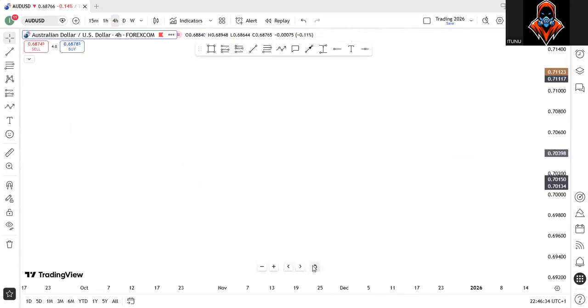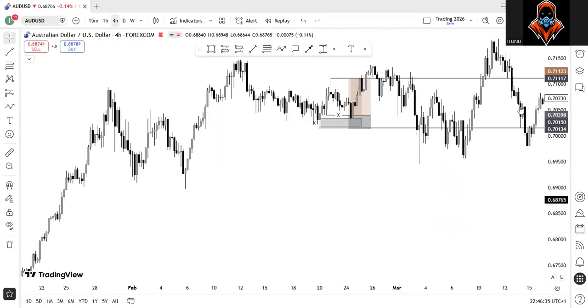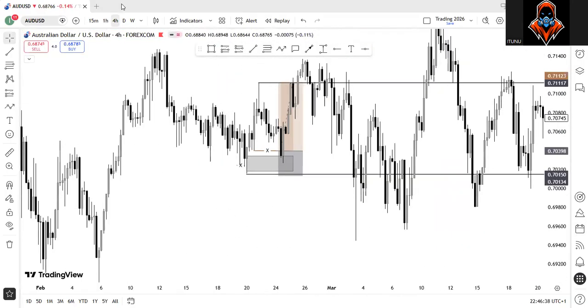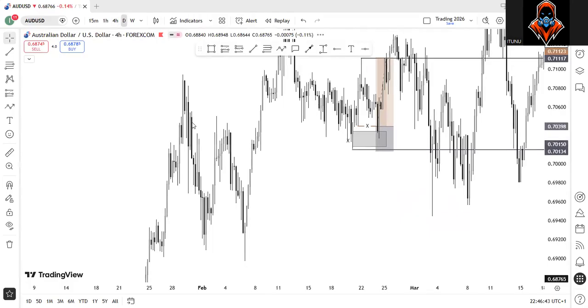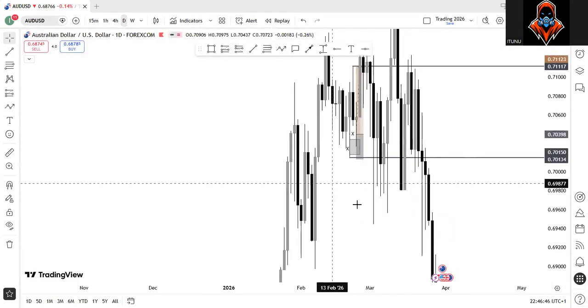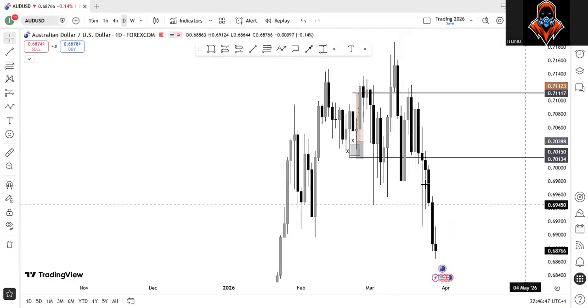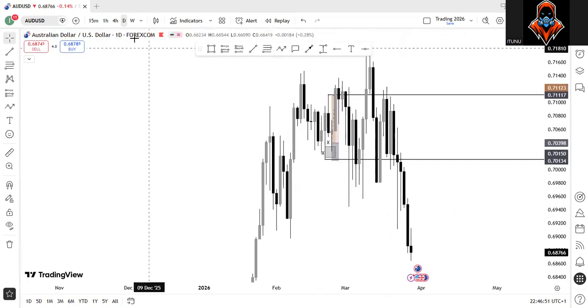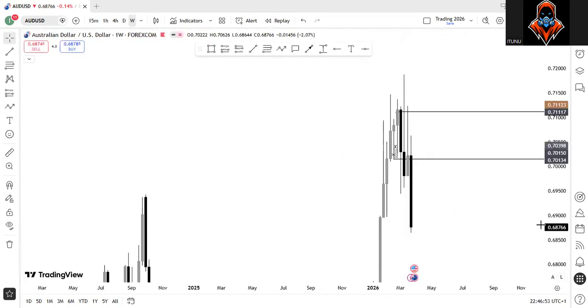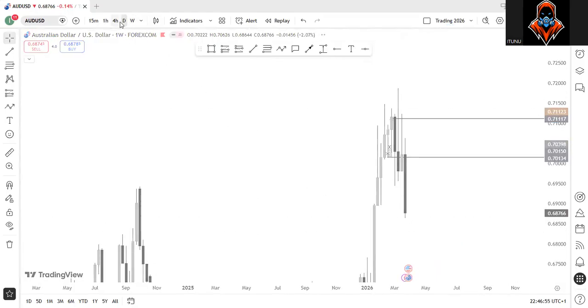Four hours to find order block, whether on the 4 hour, daily, or weekly. Do we see any? Where's it coming from? Do we see anything to support this move? Nope. Weekly. Nope.